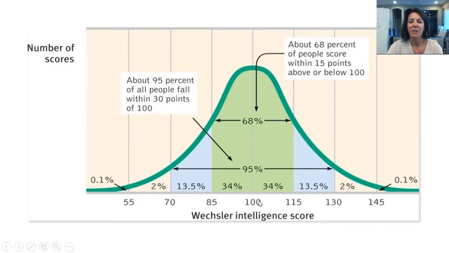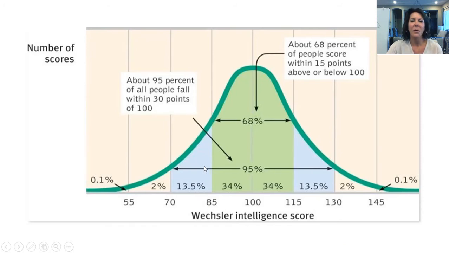I take the mean of 100 and I subtract 15 twice to get to a score of 70. Now at plus or minus two standard deviations, I know that 95% of the scores are there. So 95% of the scores are between an IQ score of 70 and 130. Wow, okay. So anything beyond these two standard deviations, I'm going to consider those extreme scores, right?